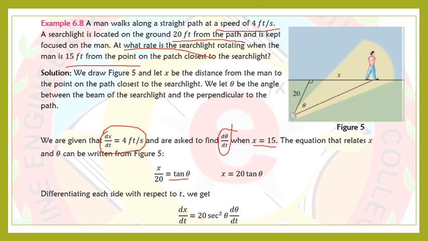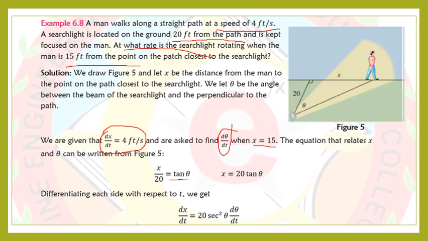So, differentiating each side with respect to t. Okay, differentiate natin to with respect to t. Derivative ni x is 1. So, since mag-derive tayo or differentiate tayo with respect to t, so that's why dx over dt. Okay, derivative ni 20, what I mean is the derivative of tangent is secant squared. So, remains si 20, that is a constant.